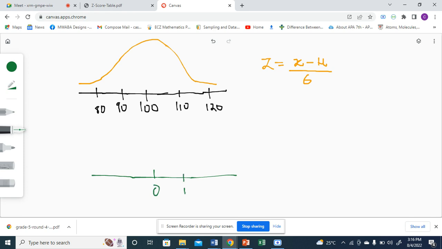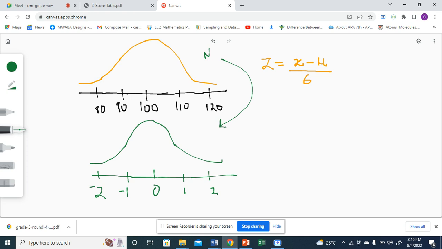Then here we have 1, 2, and here we have -1, -2. So this is what we're trying to do. We're converting this normal distribution to the standard normal distribution. That's all that is happening here.